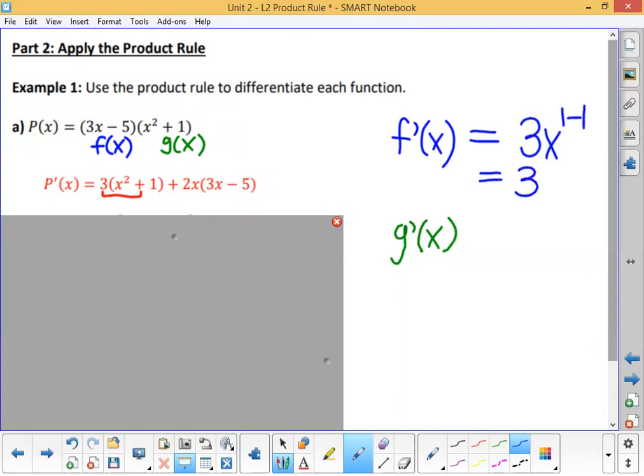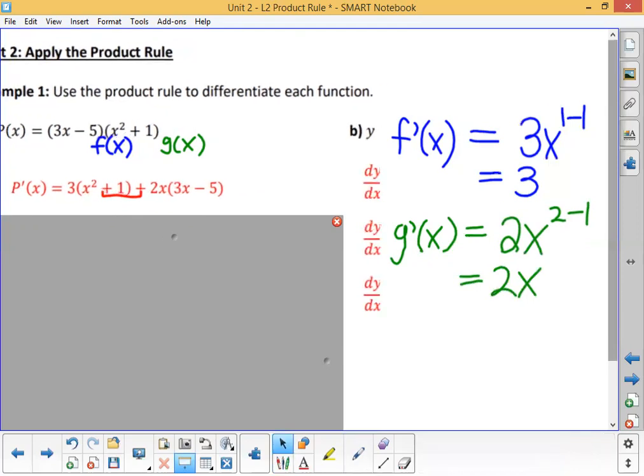So the derivative of the first function is just equal to 3. The derivative of the second function, x squared plus 1, I would bring the 2 down and subtract 1 from my power. So the derivative of the second function is equal to 2x.